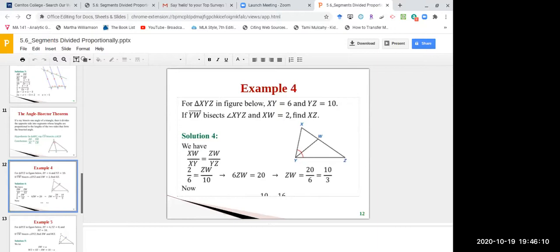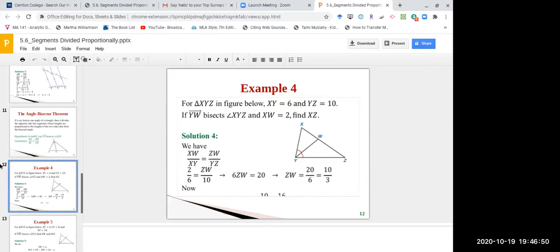So we know that XW is proportional to XY and ZW is proportional to YZ in that case. So 2 over 6 is proportional to ZW over 10, 6ZW is 20, and ZW is 20 over 3. But now 20 over 3 plus 2 is the full length of my segment.